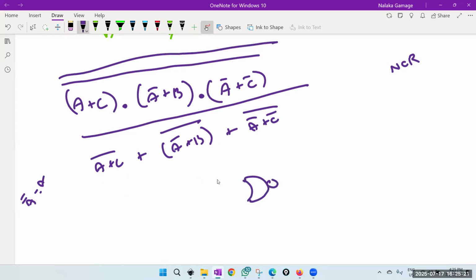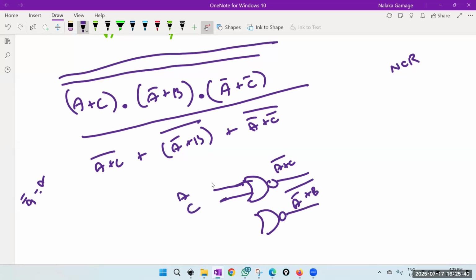So now we can create this one using a NOR gate, that is A plus C bar. This is my A plus C bar, and this is another NOR gate, A bar plus B bar. So this is my A, this is my C. They say assume that A bar is available, so I don't need to worry about making this A into A bar.